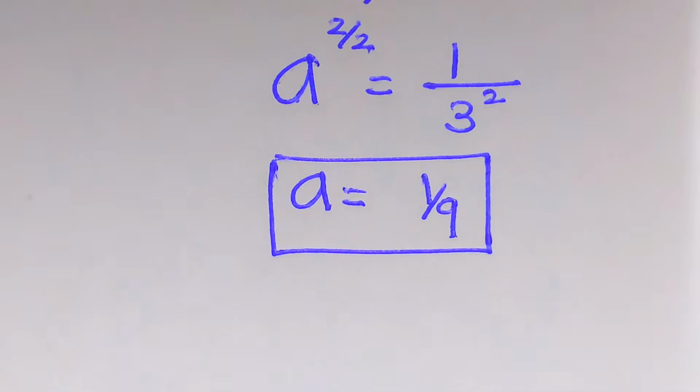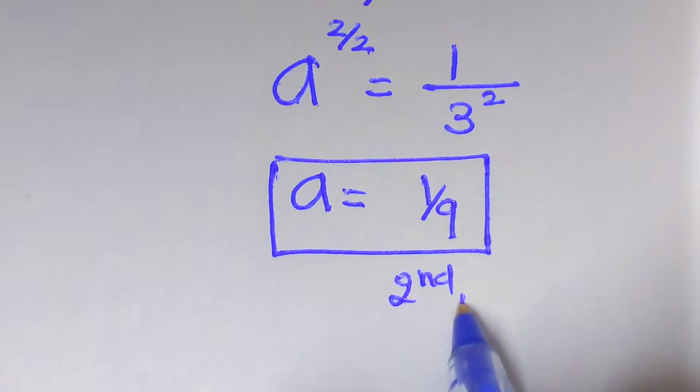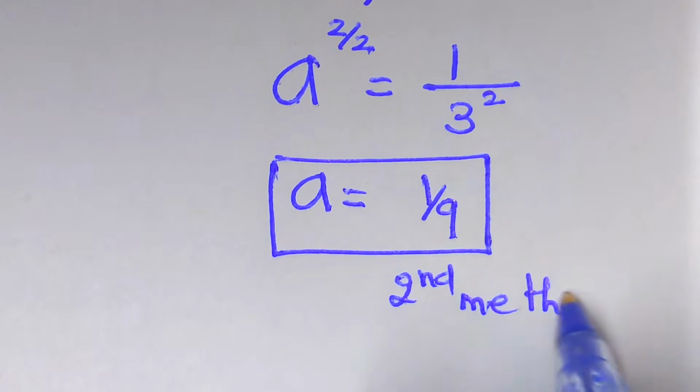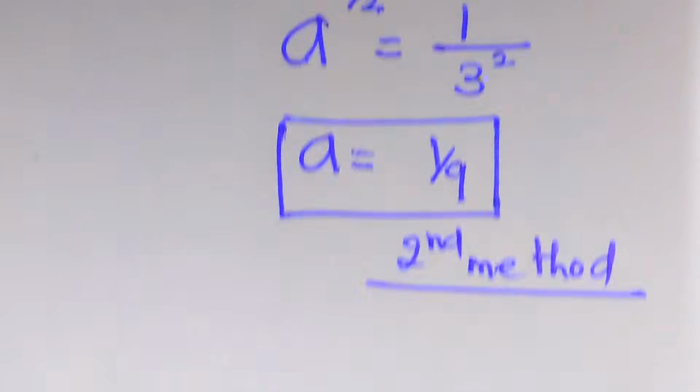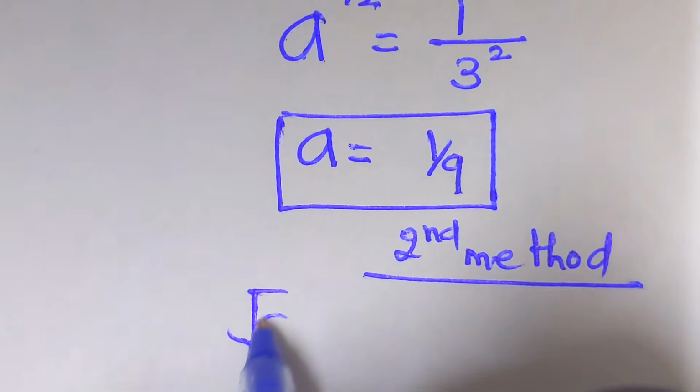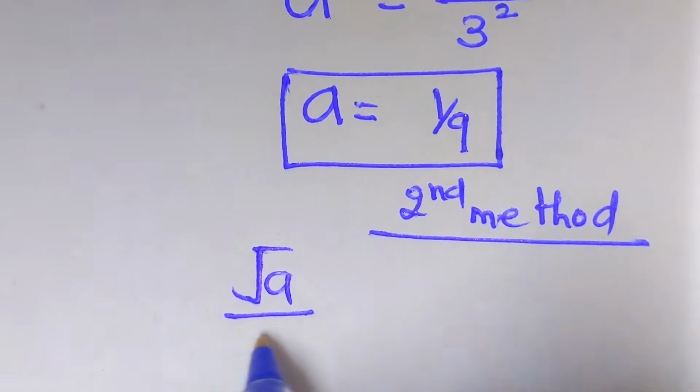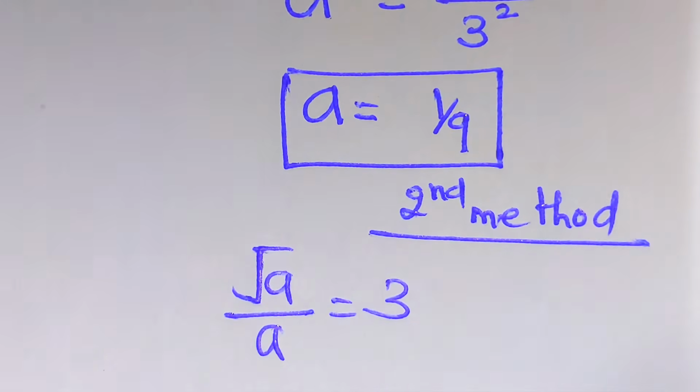Here is the second method. Here I have to copy, of course: the square root of a over a equals 3.